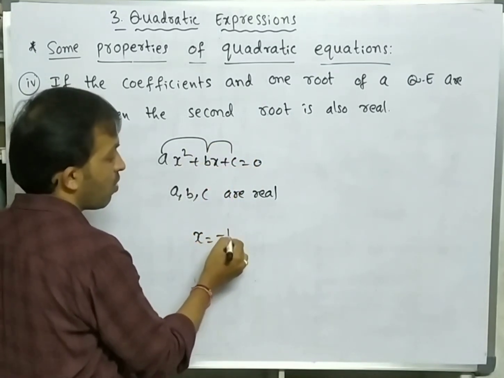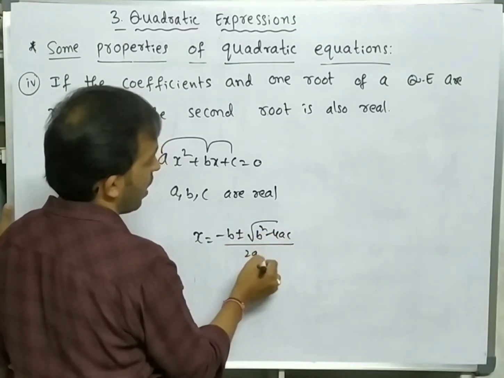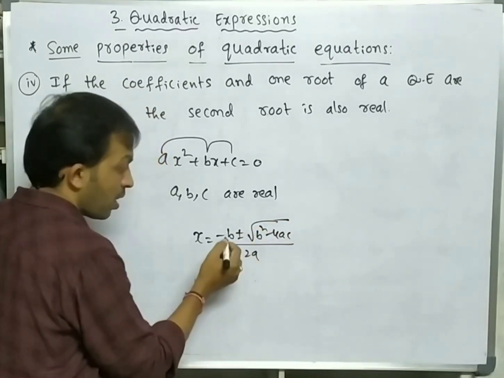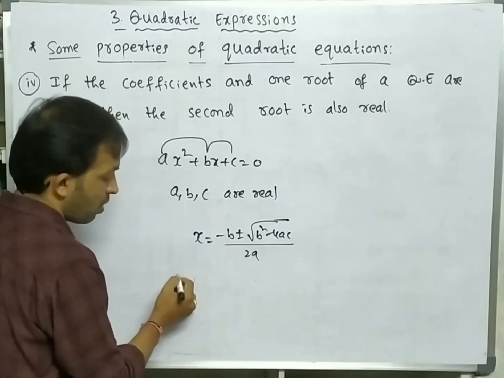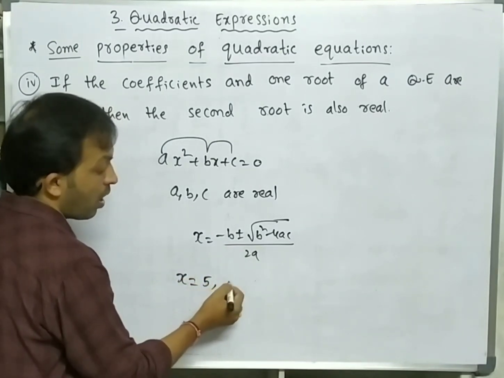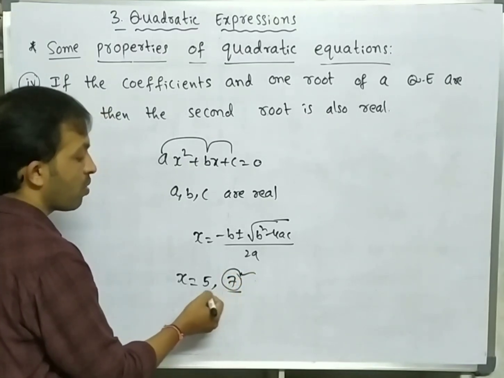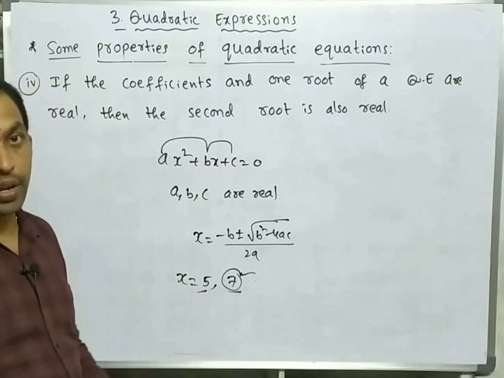We will get x is equal to minus b plus or minus under root of b square minus 4ac by 2a, right? So in this one, if one root is real, if we get 5, then the other root is also real, that means we may get 7, so both are real.